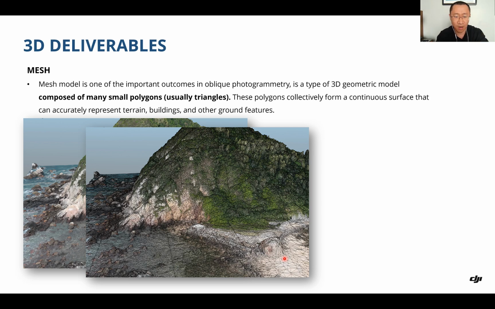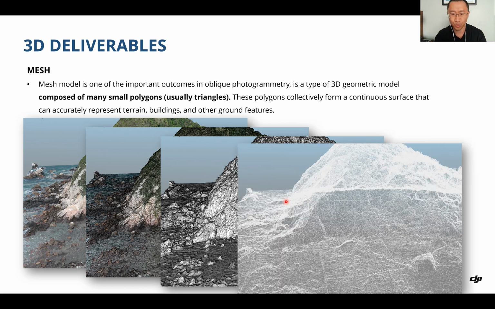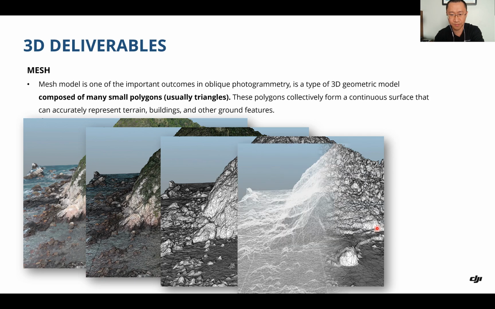Next, let's move the model away and just keep the mesh, as you can see. Whether the target is big or small, it is usually all composed of triangles. Let's switch to another view, so you can see, yes, all objects are composed of triangles, just in different views.